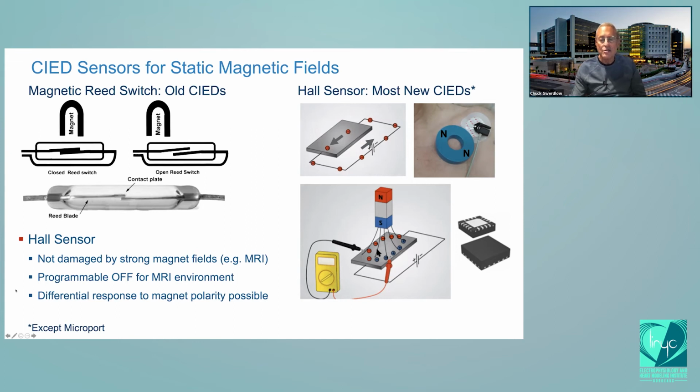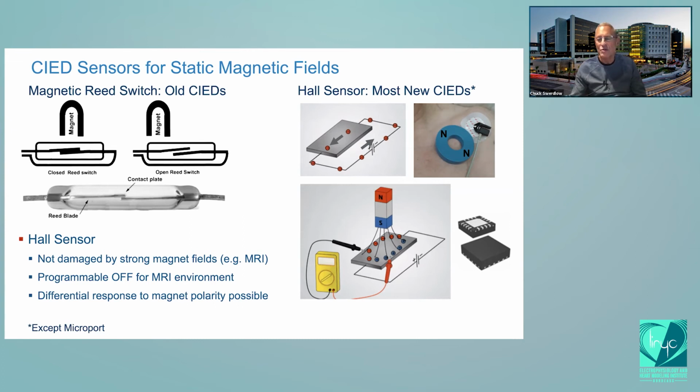Why are Hall sensors preferable? They can't be damaged by strong magnetic fields. You know, reed switches can be smashed by MRI scanners. They can be turned off, right? You can just turn the current off in this circuit for MRI scanning, make the device MRI conditional. And if we wanted to change magnet mode, and people are thinking about this today because we have time later, we can talk about all this.